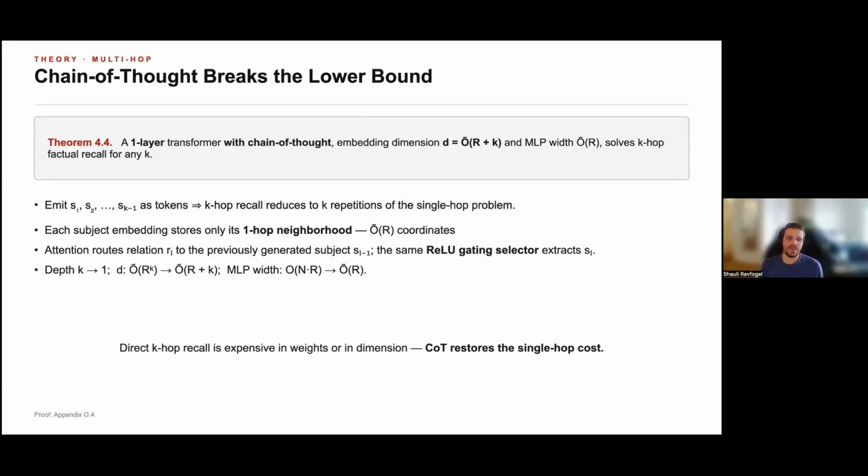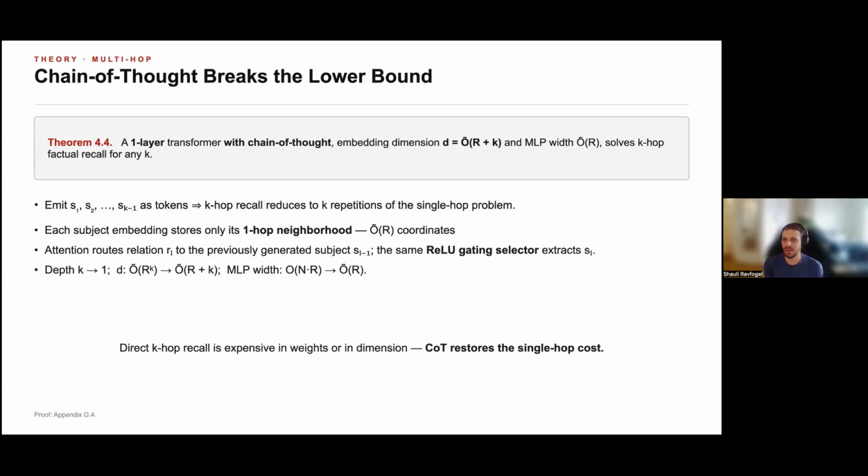Now, it's intuitively very easy to see that chain of thought can break this lower bound, right? Because if we have the ability to generate intermediate answers, our chain of thought is just going to be the answer to the first relation.